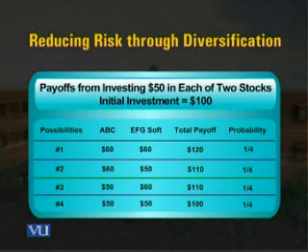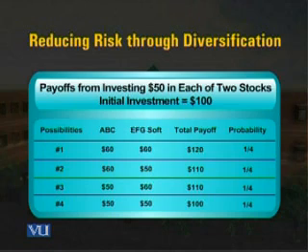ABC and EFG both 60. Total payoffs are 120. Initial investment is 100, but 60 payoff for ABC and 60 payoff for EFG, so total payoffs are 120, and the probability is 1 by 4. Second possibility, 60 for ABC shares, now EFG share is 50.